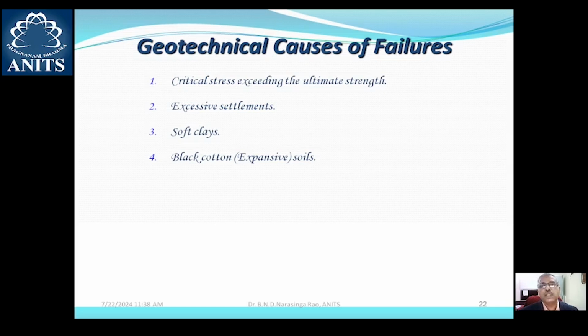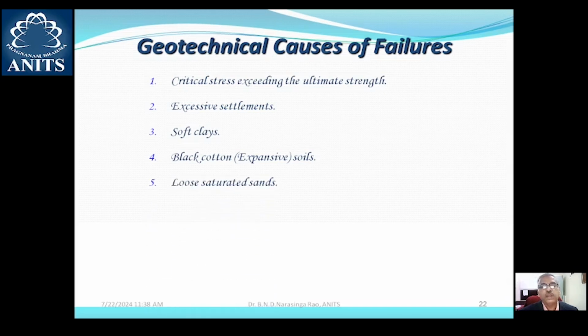So this causes upward and downward movement of the structure that may not be perceptible to the eye, but still the movement of the soil in the upward and downward direction is sufficient to cause distress to the foundations, plinth, floors and walls of the building.